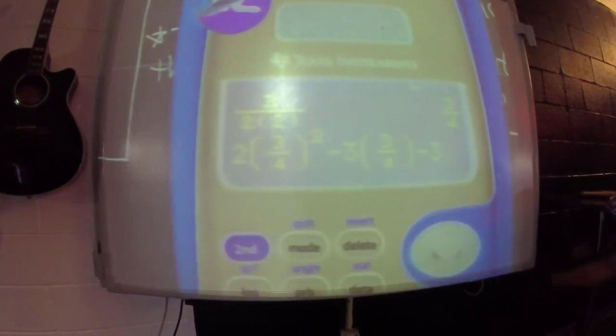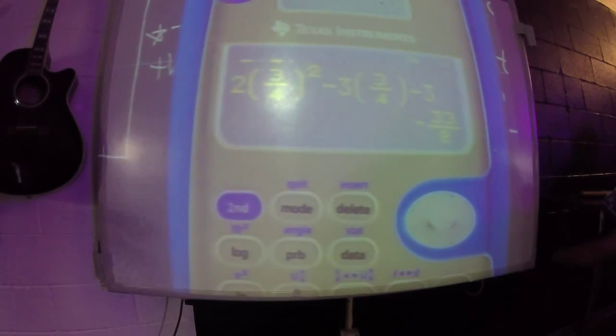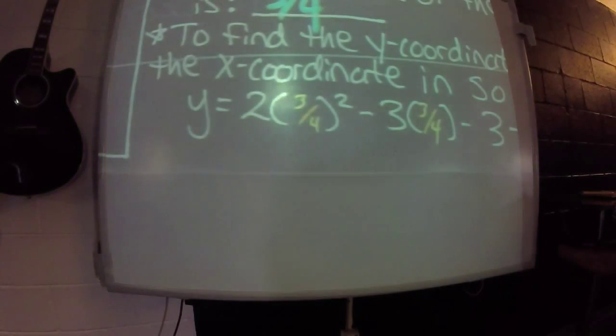Give me a second to get that in there. And this is going to be -33 over 8, which is the y part of the vertex.